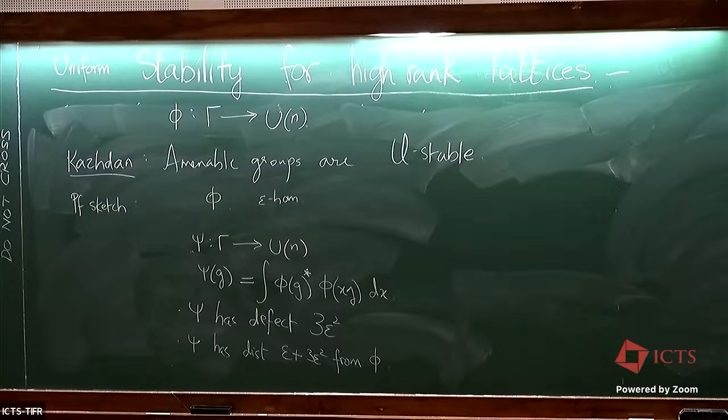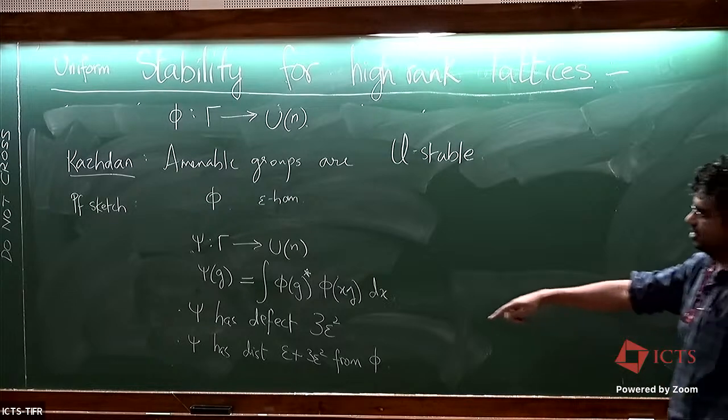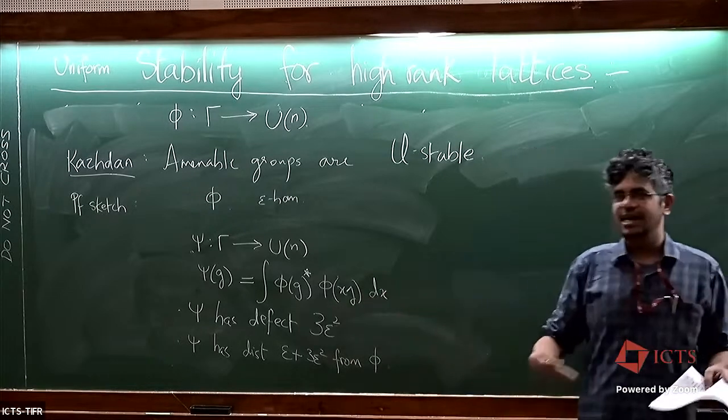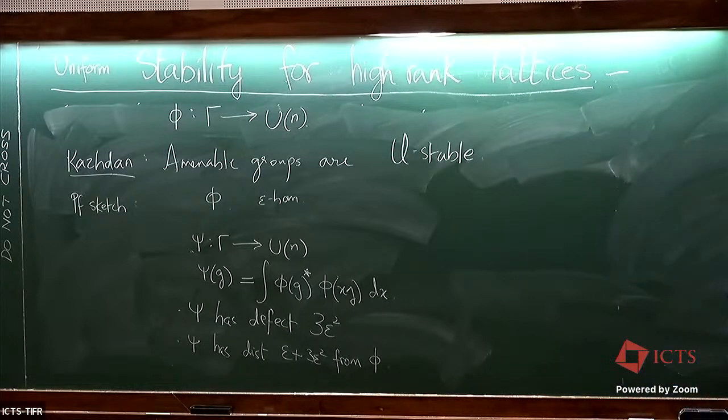And then if you have that cohomology vanishing, then you can independently keep doing this and get a true homomorphism. That's the general idea. But for us to be precise about this, it helps to reformulate and rewrite many of these notions in terms of asymptotics, because you have a 3 here and epsilon goes from epsilon to epsilon square. You want to write it in a more elegant way.